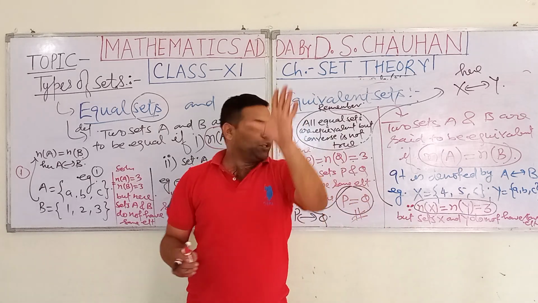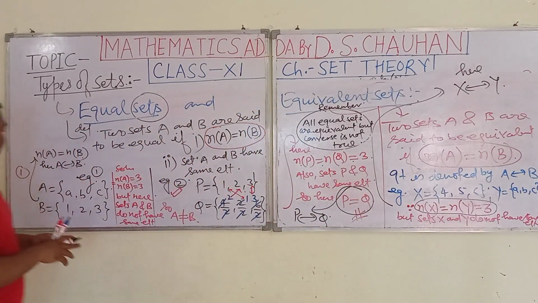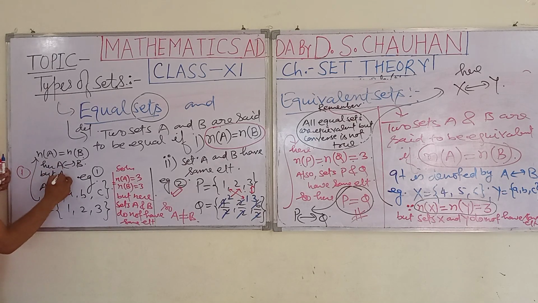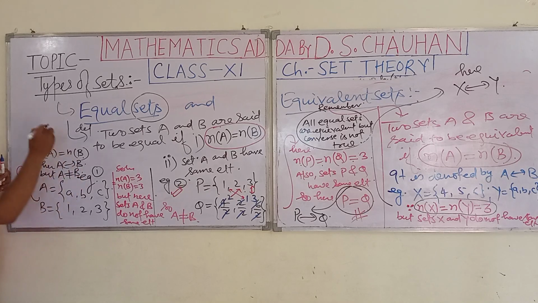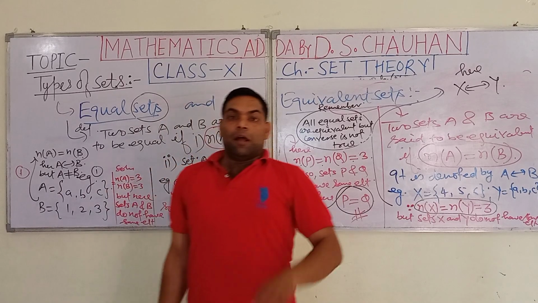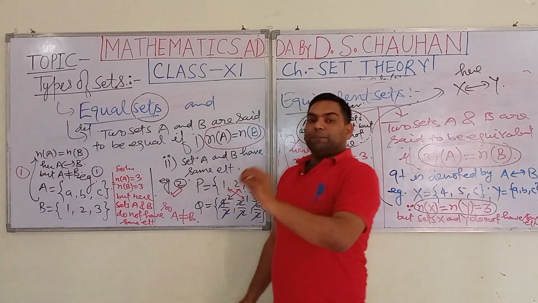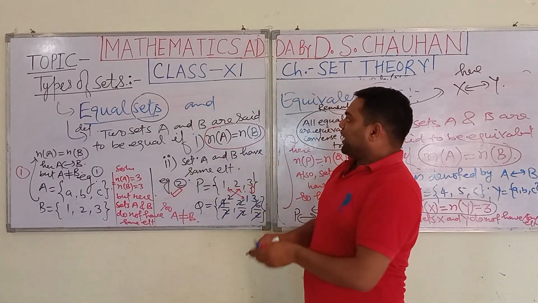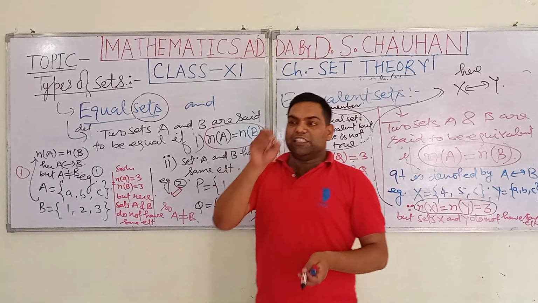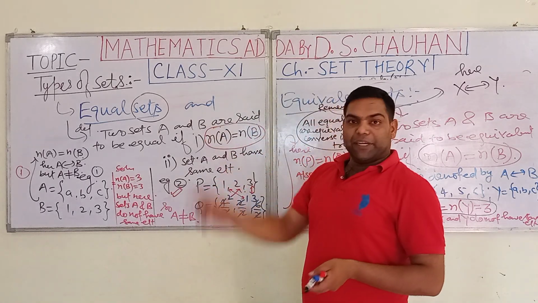Because for being equivalent, their cardinal number must be the same, which holds here. So if two sets are equal, then they must be equivalent, but its converse is not true. Why? Students, see here, these two sets are equivalent, but they are not equal.